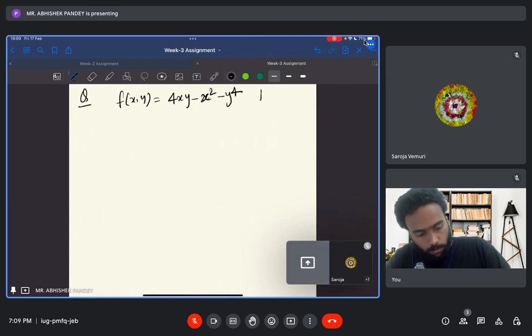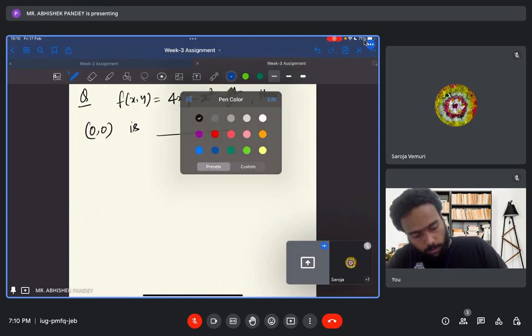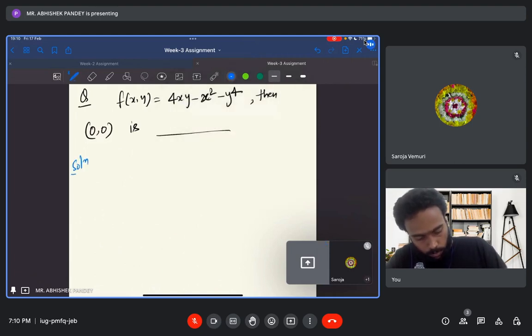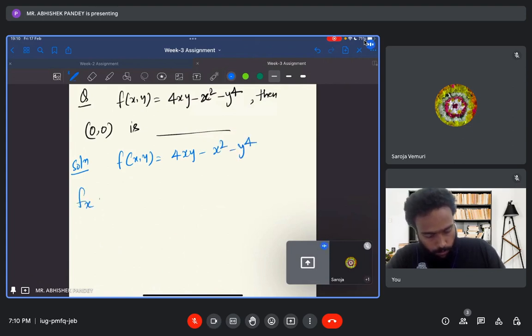Then 0 comma 0 is, so we need to write which point it is. The solution is, given f of x comma y equals 4xy minus x square minus y to the power 4. So fx is 4y minus 2x, and at 0 comma 0 this is 0.